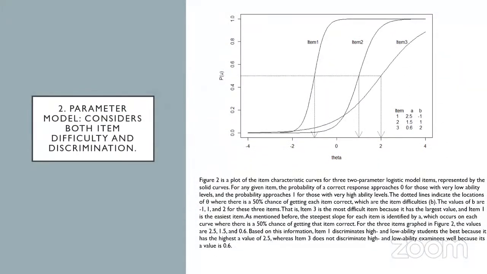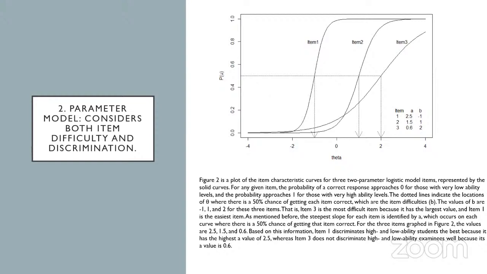Now the two parameter model considers both item difficulty and item discrimination. Now you always follow the probability level and the theta level.